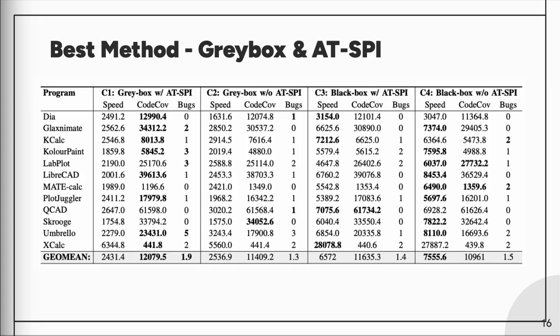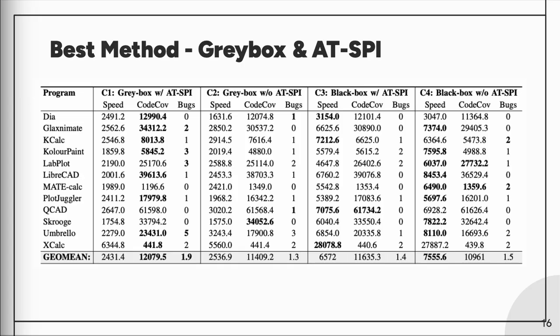So this led the authors to doing a deeper analysis on how fuzzing GUIs compares under different conditions. This included fuzzing with or without the ATSPI, and then also gray box fuzzing with the ATSPI versus fuzzing with black box, where they didn't have the instrumentation to help guide their mutation.